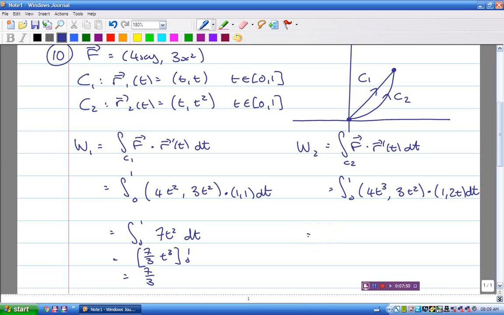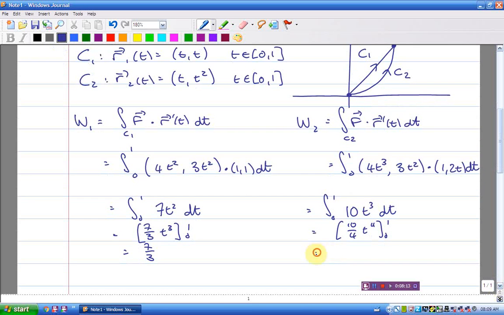Started off the same. That is going to be 4t cubed plus 6t cubed, so it's going to be 10t cubed. So am I right? 4 plus 6, and they're both t cubed. Yes, 10t cubed. So that becomes 10 over 4t to the 4 from 0 to 1. That's 10 over 4, which is 5 over 2.